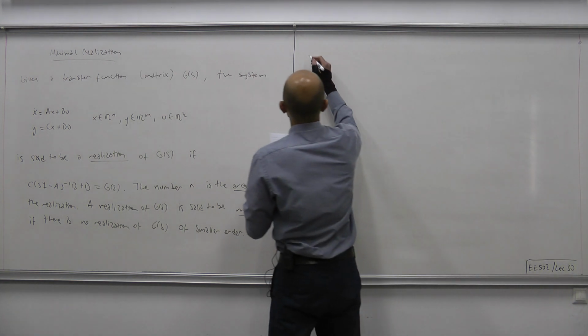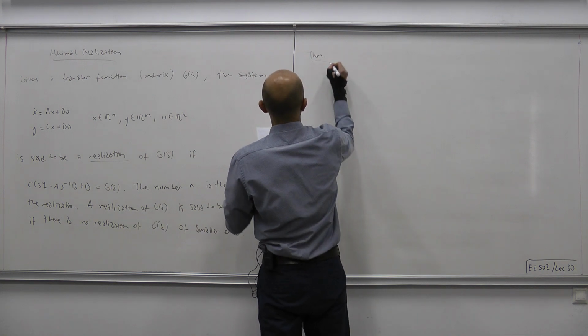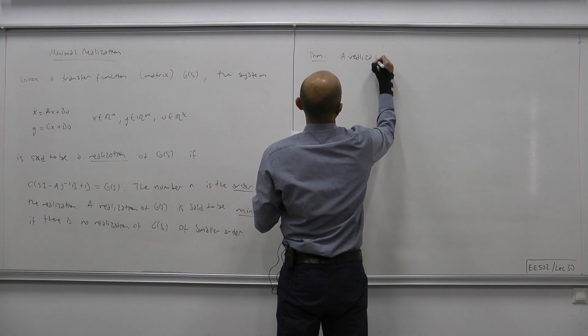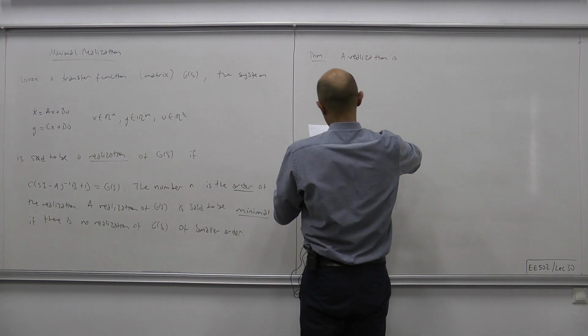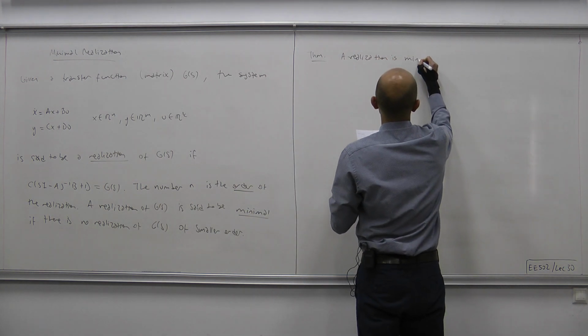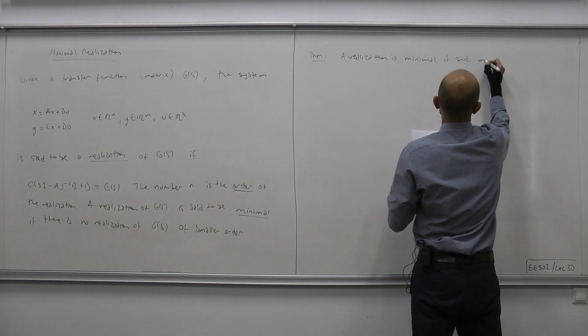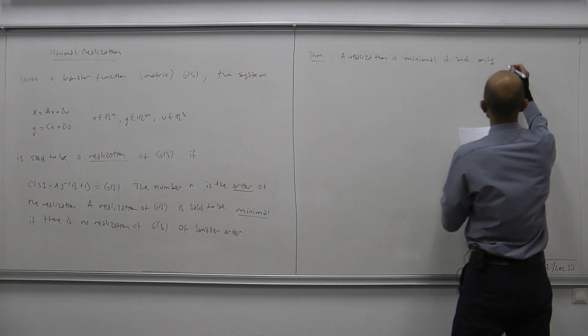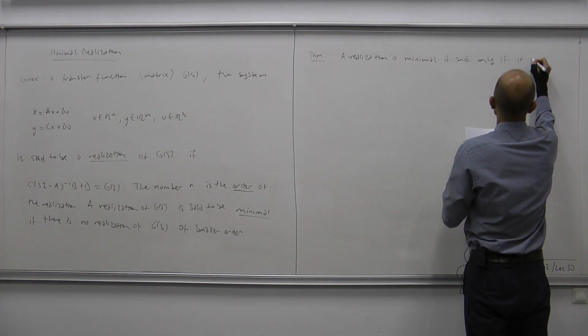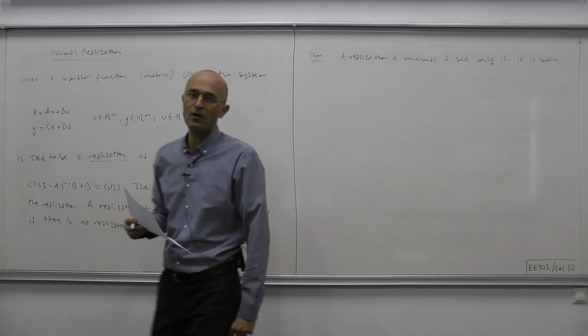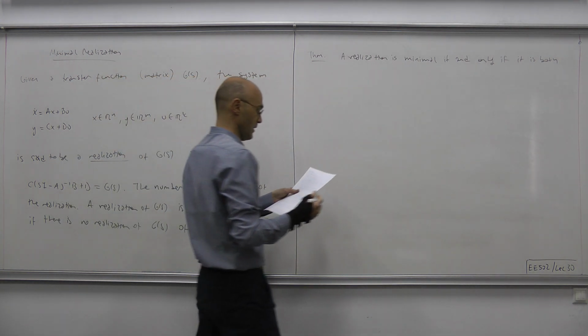Okay, here is one. A realization is minimal if and only if it is both observable and controllable.